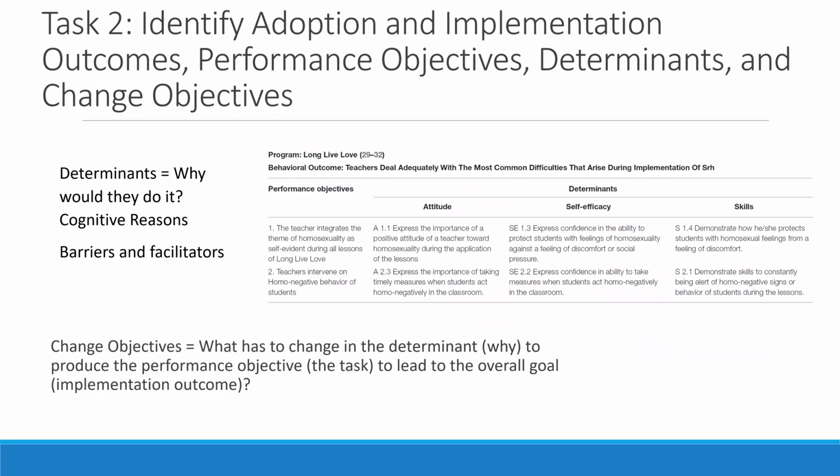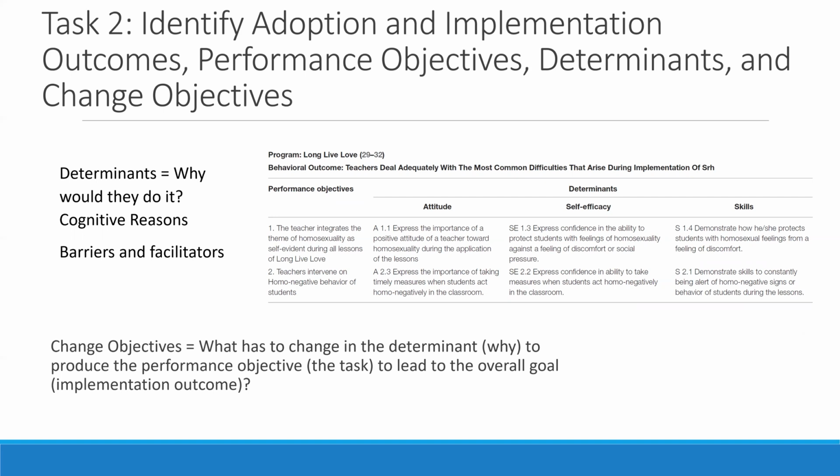And then people do things, but not just like a robot. There are different reasons why they might do it. Those are determinants. Determinants are why would they do it? And those determinants can come from cognitive reasons, meaning thoughts that are in their head, like their attitude, their self-efficacy, whether they believe that they could do it.